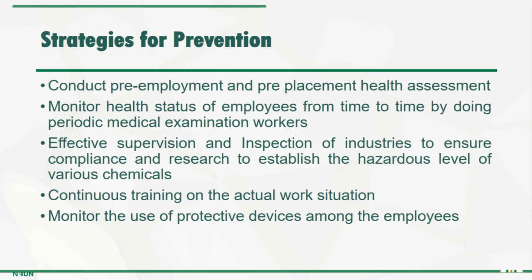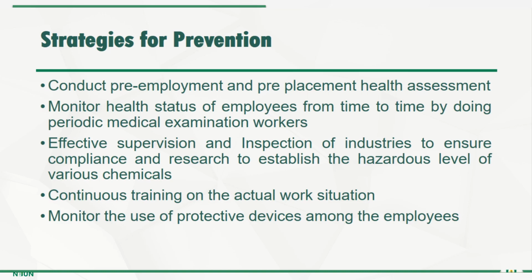Strategies for prevention. The following are some of the approaches or strategies to prevent occupational poison. Conduct pre-employment and pre-placement health assessment for every employee. Monitor health status of employees from time to time by doing periodic medical examinations for workers.